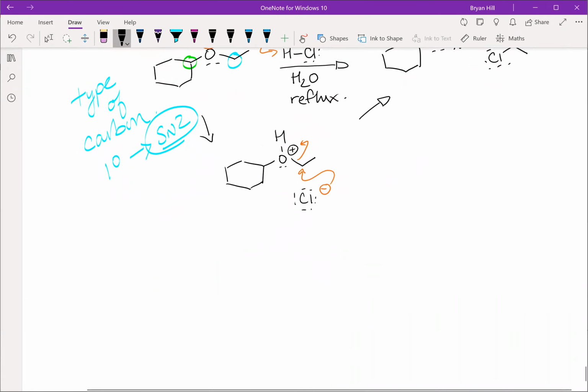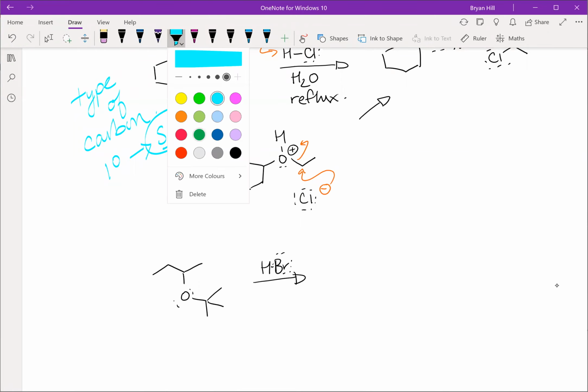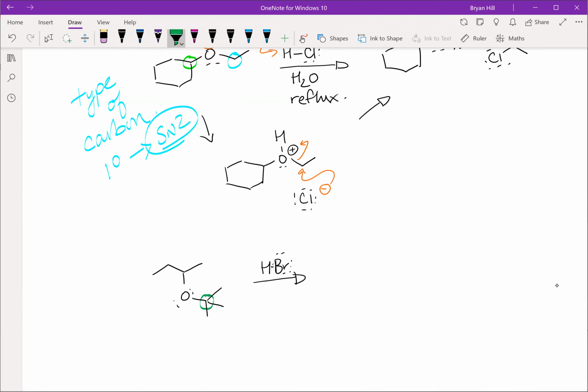And if on your molecule you've got HBr, if you've got a tertiary carbon like this one, it is going to undergo an SN1. So those are really the two options. Primary carbon will undergo an SN2, tertiary will undergo an SN1.